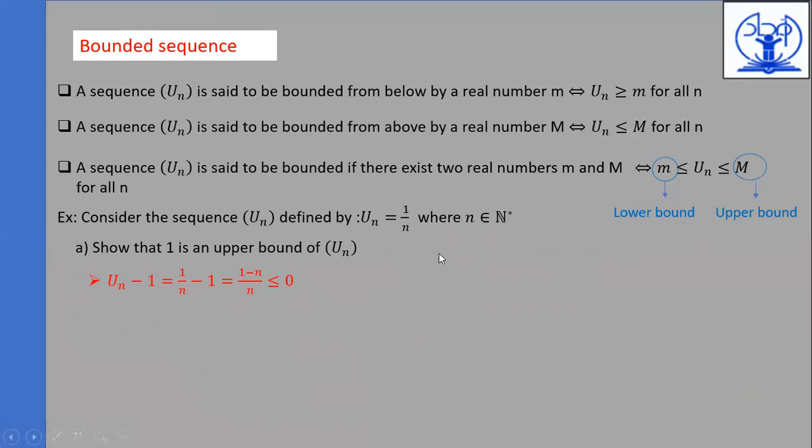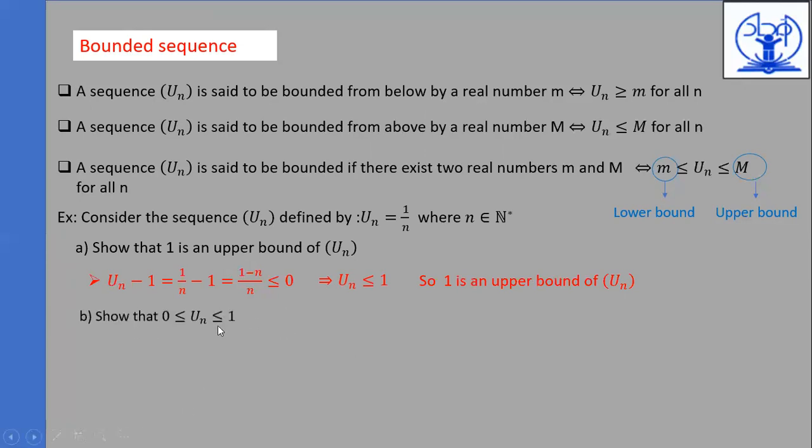Do not forget that n is 1 or more, which means that the denominator is positive, whereas the numerator is less than or equal to 0. So all in all, un minus 1 is less than or equal to 0. Consequently, un is less than or equal to 1, and 1 is an upper bound. Or un is bounded above by 1. So 1 is an upper bound.